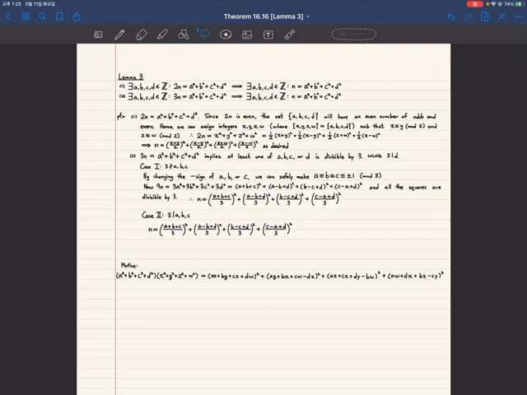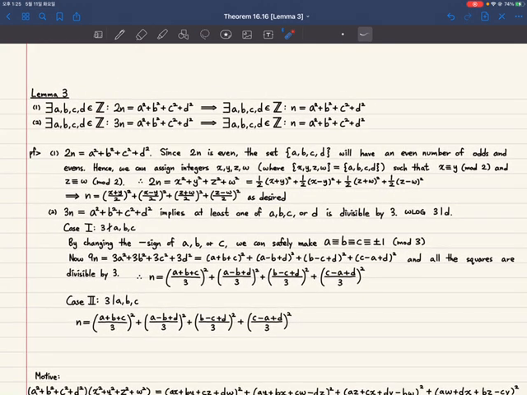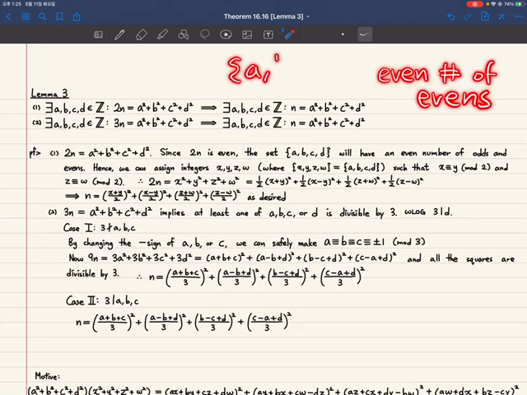So let me go over the proof now. For the first one, we have that 2n is equal to a squared plus b squared plus c squared plus d squared. Since 2n is even, there will be an even number of odds in the set a, b, c, d.